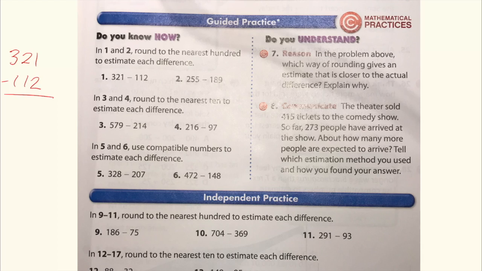Okay, let's round it to the nearest hundred. We're going to underline the hundreds place and circle the number to the right of the underlined number.